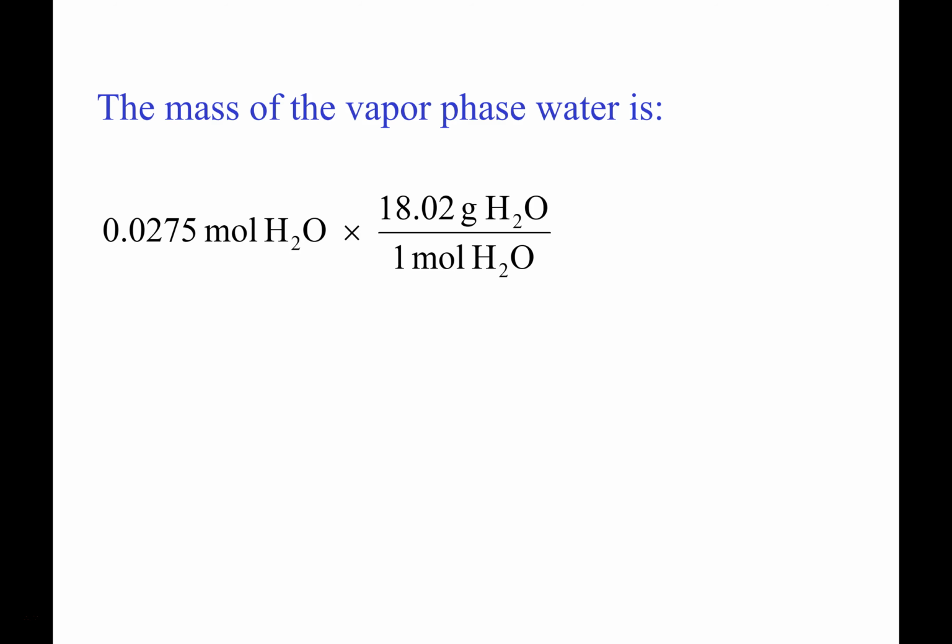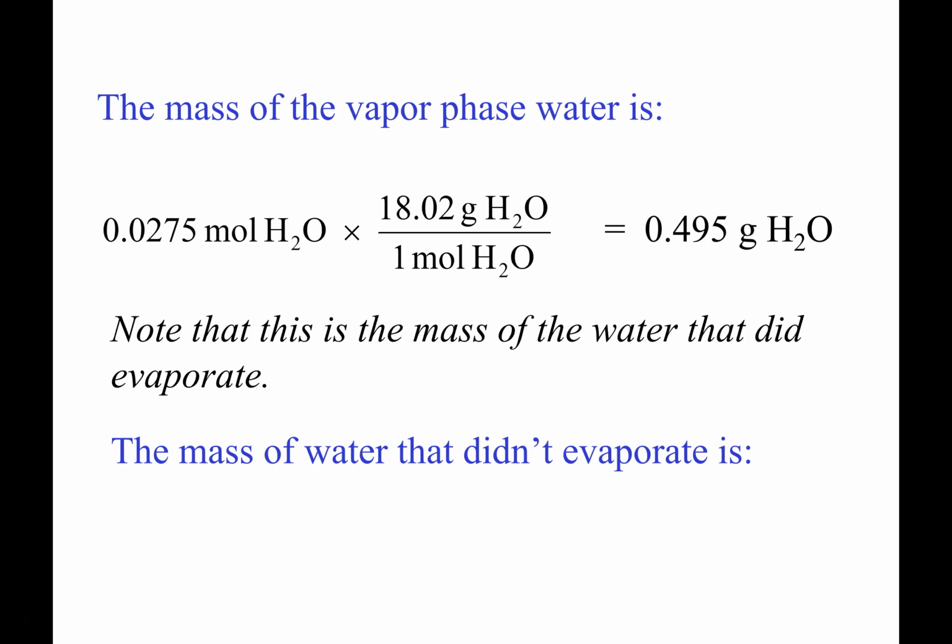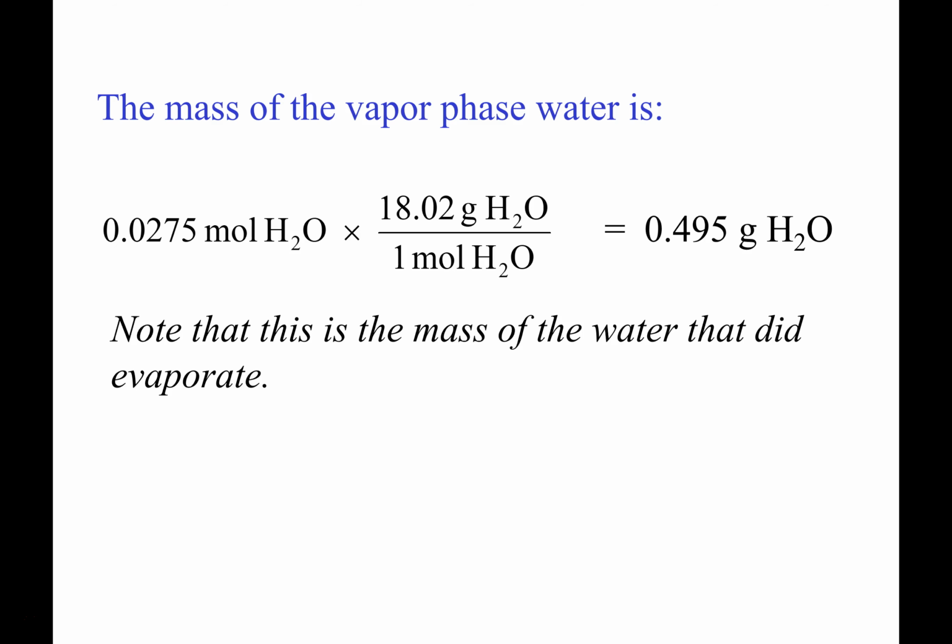Rounded to 3 sig figs, the mass of the water in its vapor phase is 0.495 grams of H2O. We have verified that of the 1.25 grams of liquid you start with, only 0.495 grams are going to be able to evaporate.